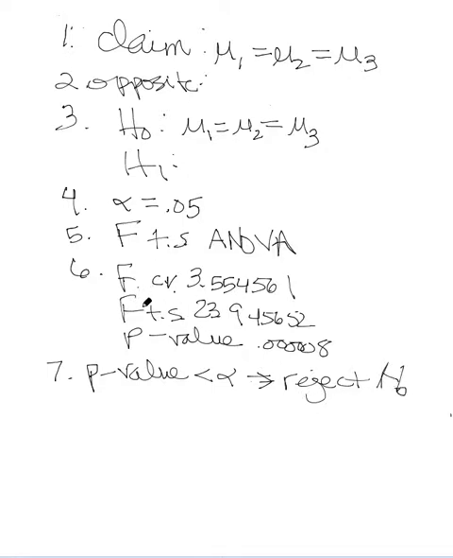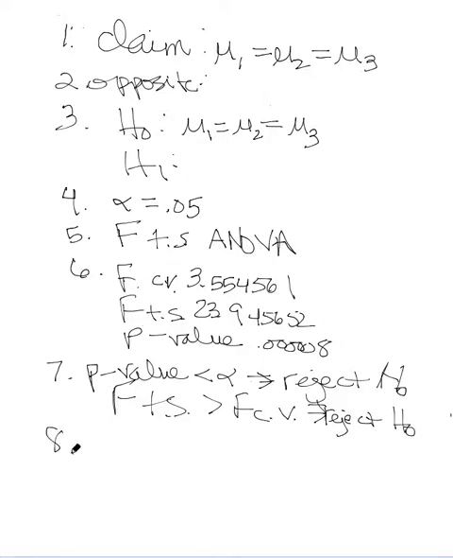Now we're also given the F test statistic and the critical value, which we don't have to use, but if we did, you would see that the F test statistic is greater than the F critical value. And if you check your notes, you would find that also implies that you will reject H0. Whether you use the p-value method or the critical value method, you should get the same result.